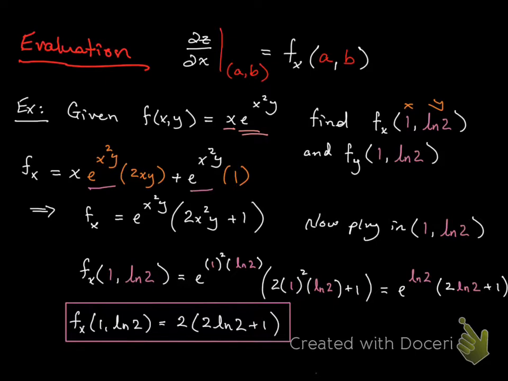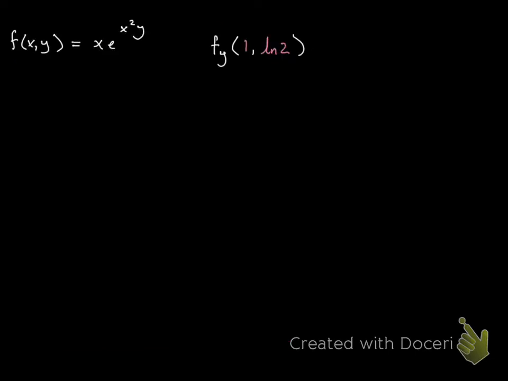Now to look at the partial derivative with respect to y, and then plug in that point, 1, natural log of 2. Here, when I go to take a derivative, those two terms, both of them don't have a y, right? The only one with a y involved, the only one with the variable I'm talking about, is the exponential.